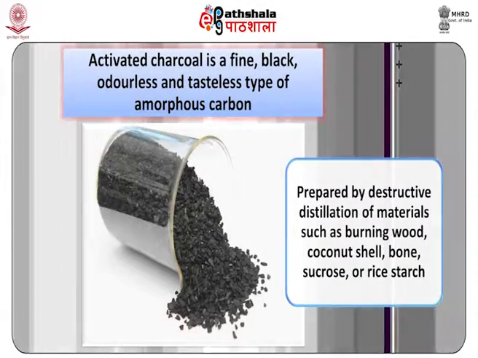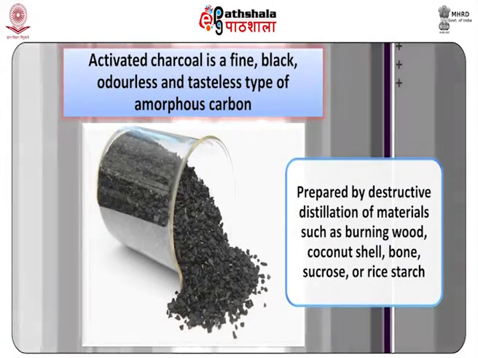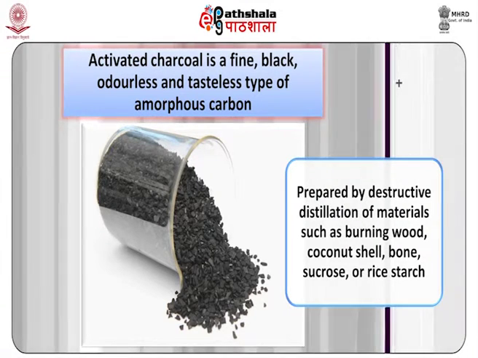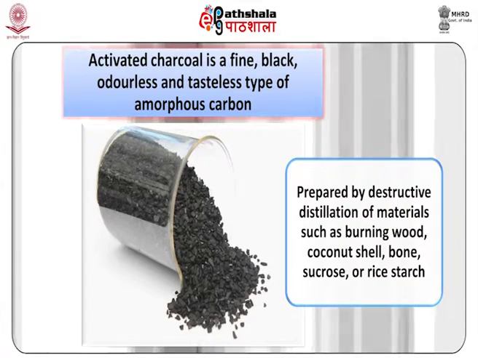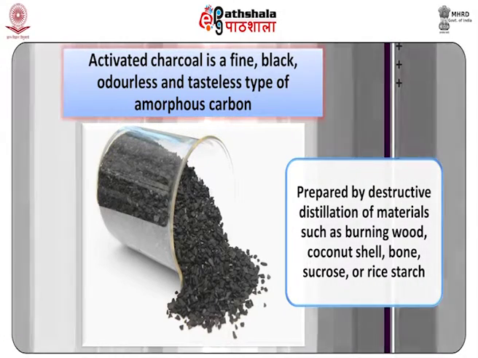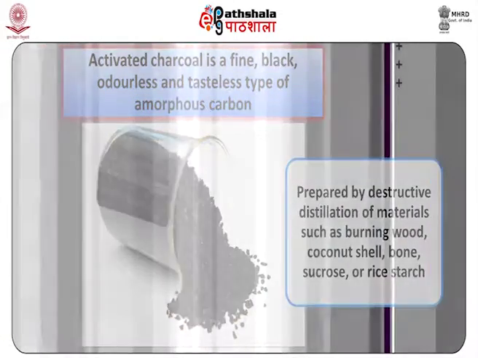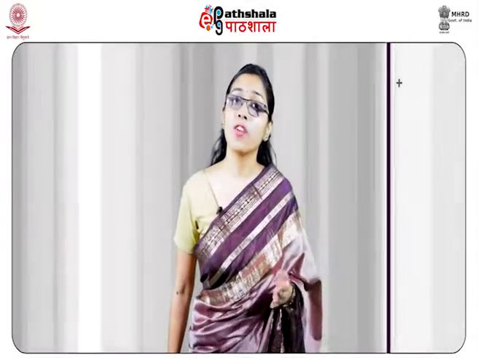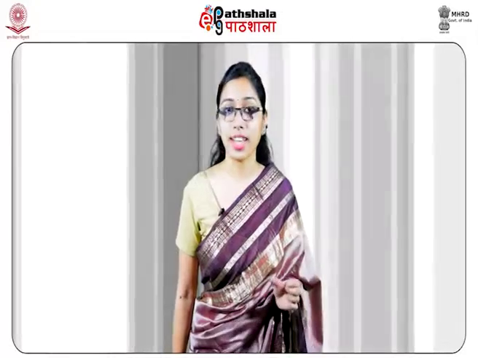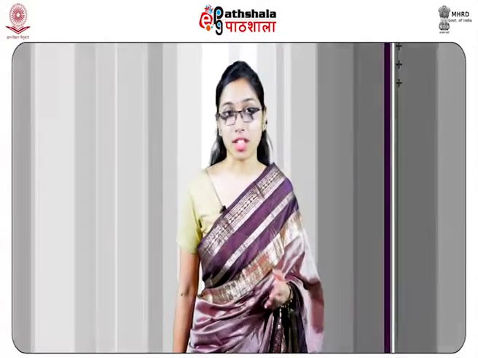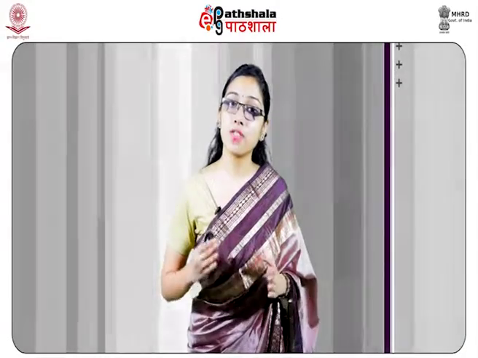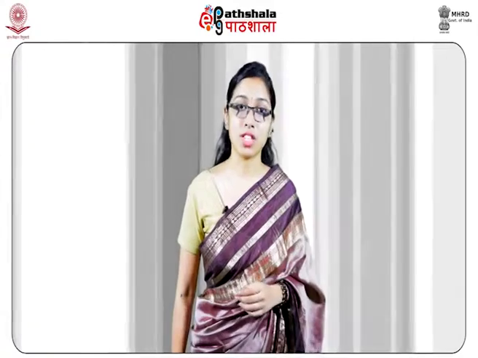Activated charcoal is a fine black, odorless and tasteless type of amorphous carbon prepared by destructive distillation of materials such as burning wood, coconut shell, bone, sucrose or rice starch that have much higher surface area than the charcoal, followed by treatment with an activating agent such as steam, carbon dioxide, etc. The large surface area of activated charcoal confers a greater absorptive capacity to this material.